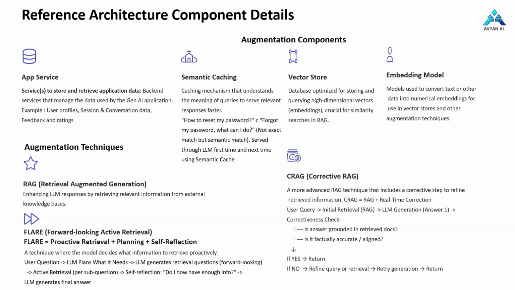But it has its own inherent drawbacks, and that is the reason new models are coming up, what we call CRAG, corrective RAG. It's a more advanced RAG technique that includes a corrective step to refine retrieved information, so RAG plus real-time correction.